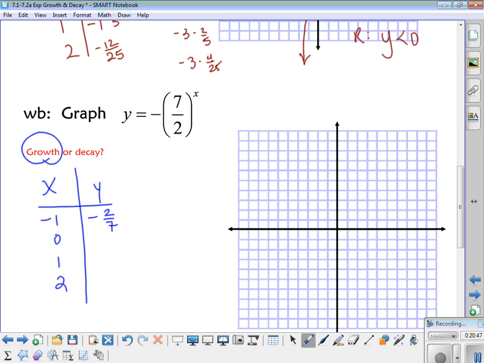Carissa, what if I plug in a 0? -1, yeah. Because again, it's 1, but then we have that negative out in front, so it's becoming negative. Marnie, what about if I put a 1 in? -7/2 or -3.5, yeah.